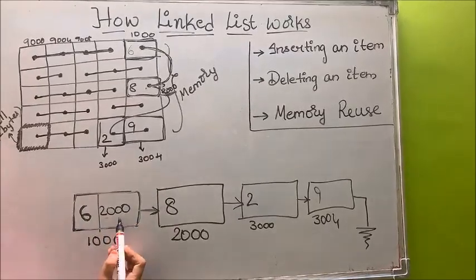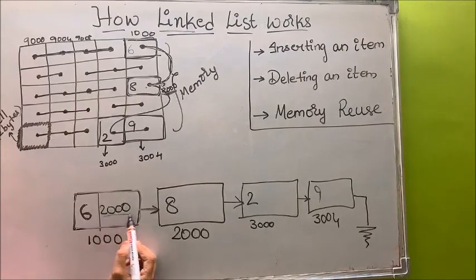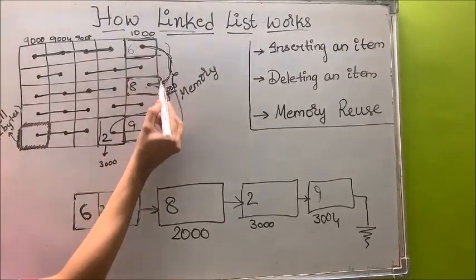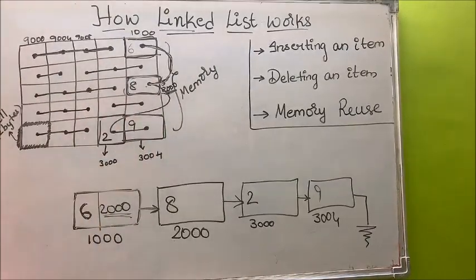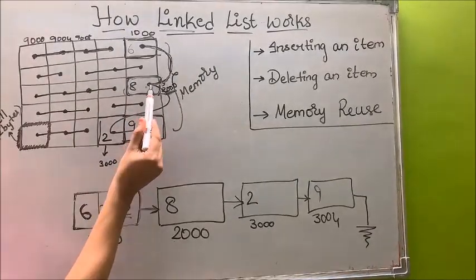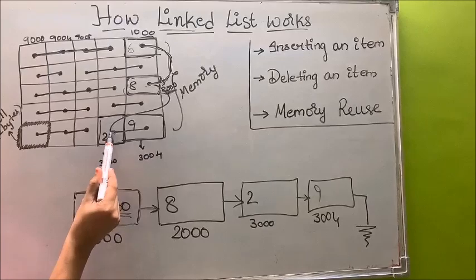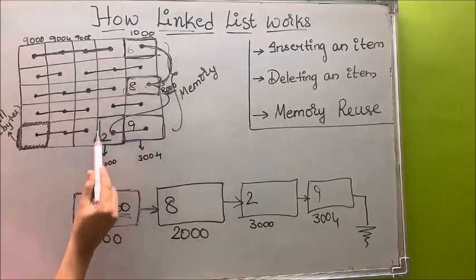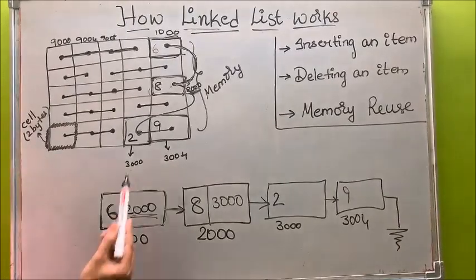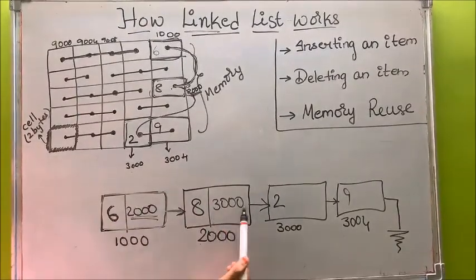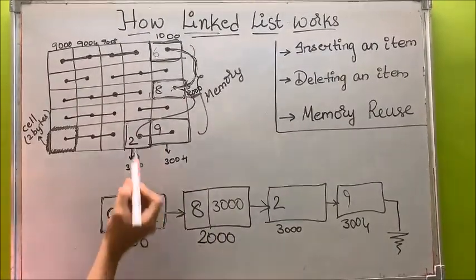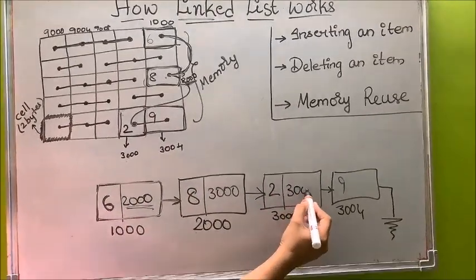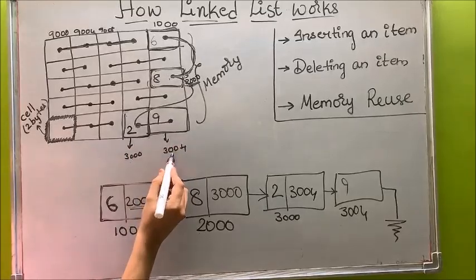For suppose if this is 2000, then the compiler goes to the 2000 address in the memory to refer some 8 data. And again, after 8, the node is 2. So the compiler should have some information about this empty cell 2. So 3000 is stored in the previous node 8. In the same way, here it stores the address of the next node 3004.